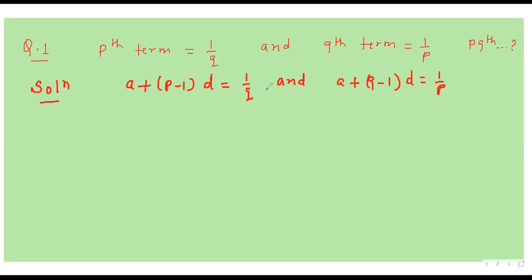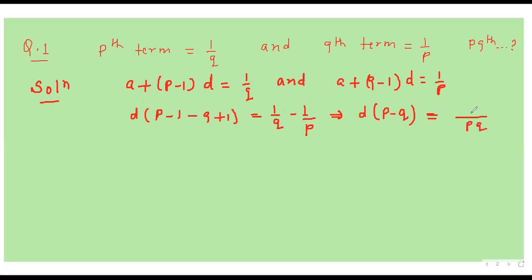We subtract these two equations. So we get d times p minus 1 minus q plus 1 equal to 1 upon q minus 1 upon p. So this will give d times p minus q equals p minus q upon pq.